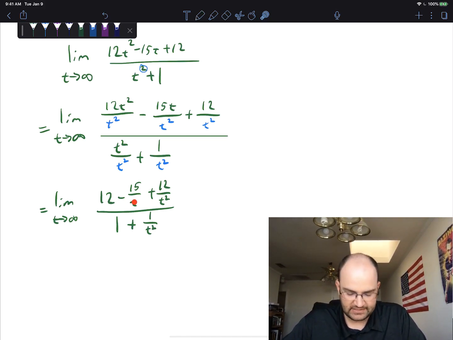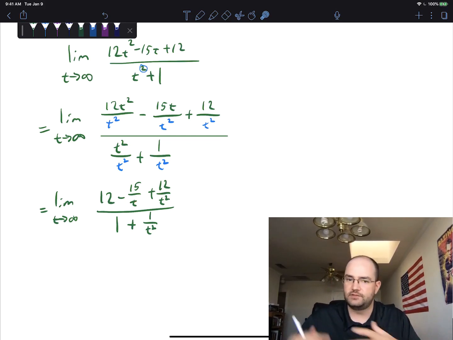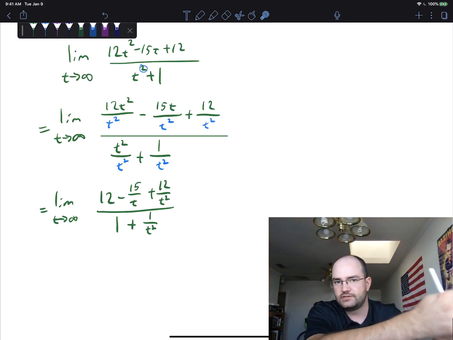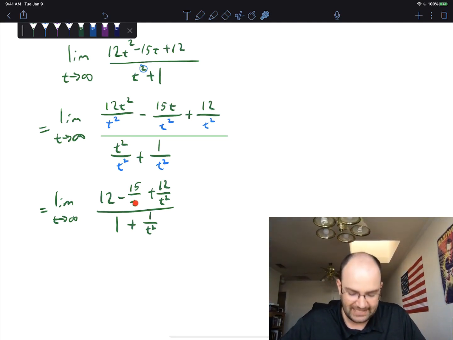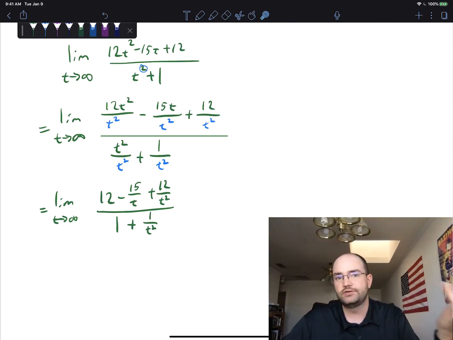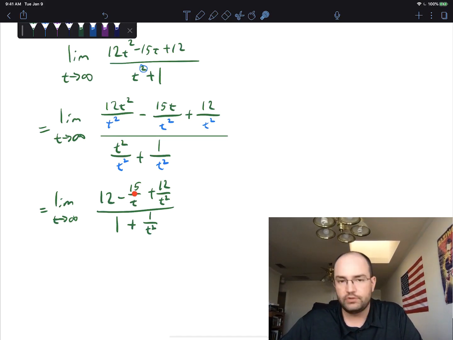Notice that as t gets really large, these numbers become really small. Because 15 over 10 is 1.5, sure, but what is 15 over 100? It's 0.15. And 15 over 1,000 is 0.015, and then 0.0015, and then 0.0000000000000015, and so on and so forth. So as t goes to infinity, this literally becomes 0.